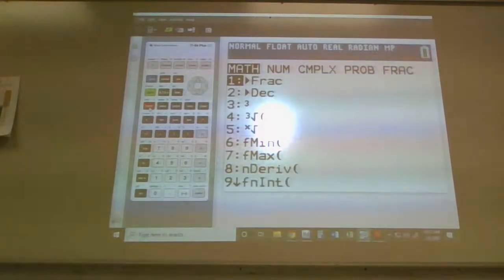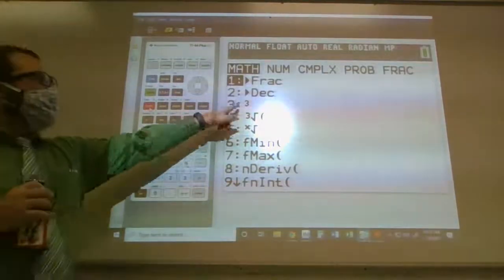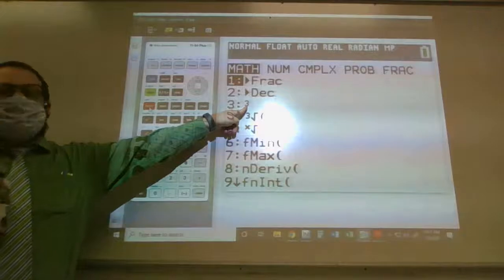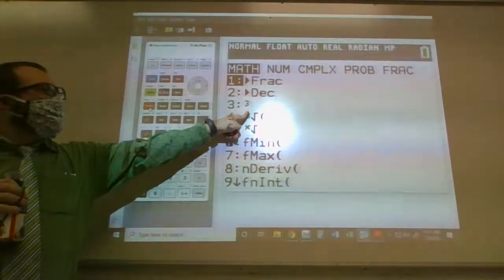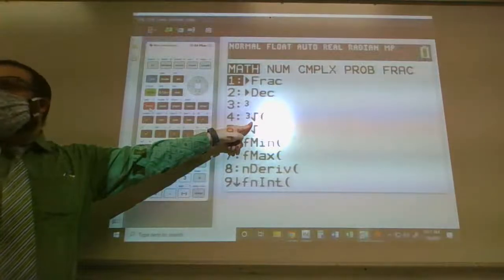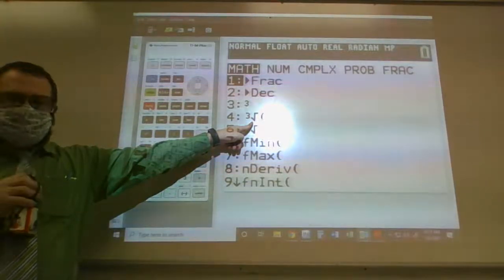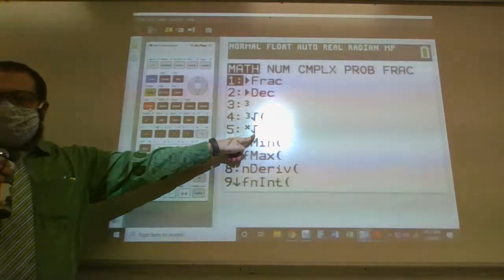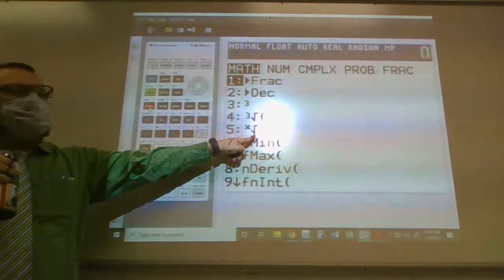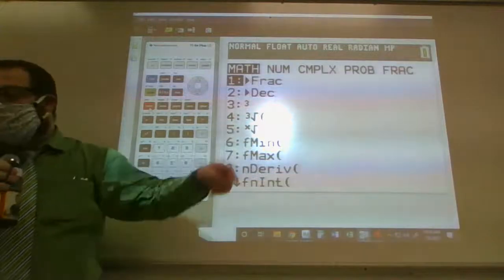Now, what's nice about this math function in your calculator is that you actually have a dedicated cube button, which is nice. You also have a dedicated cube root button. And you also have a dedicated nth root button. Go down to that function, function number 5.